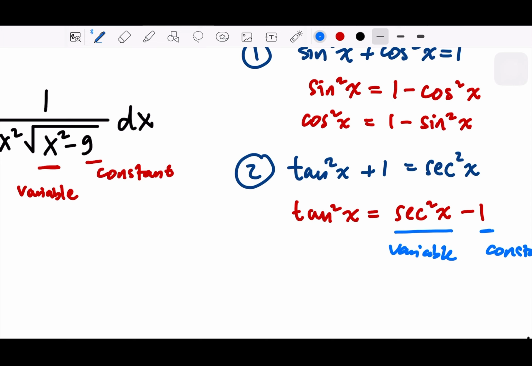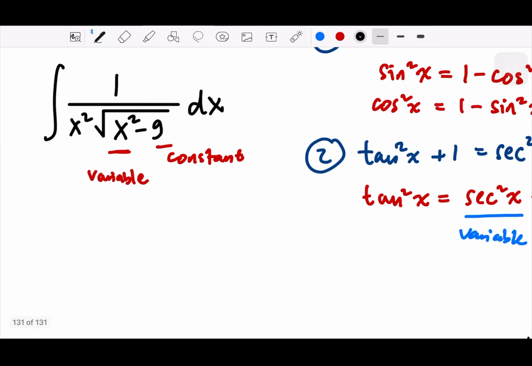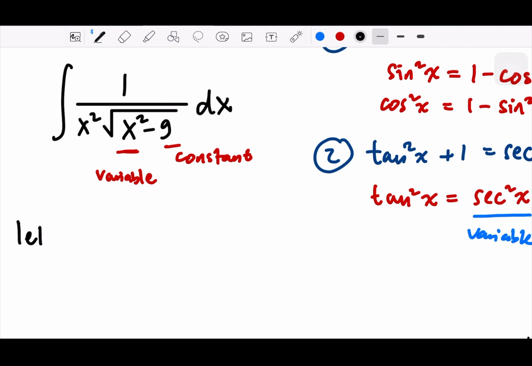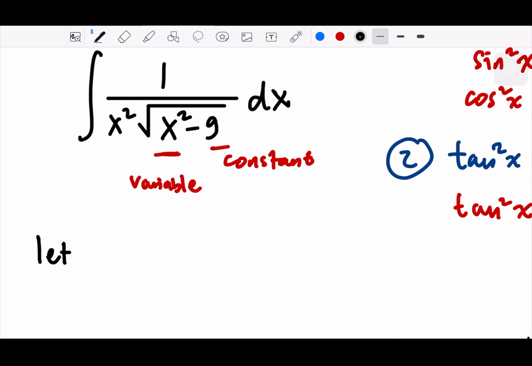Now, what if we let x squared become something that relates to the secant. Okay. So if we let this equal to 9 secant squared, and then we use another variable to substitute this, maybe using theta to denote the angle. Okay.